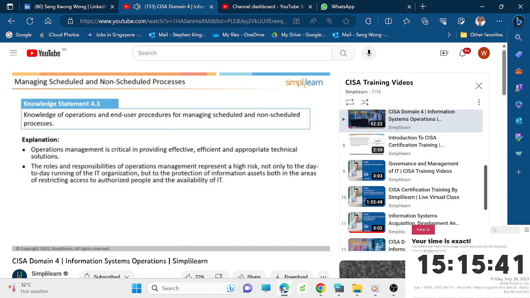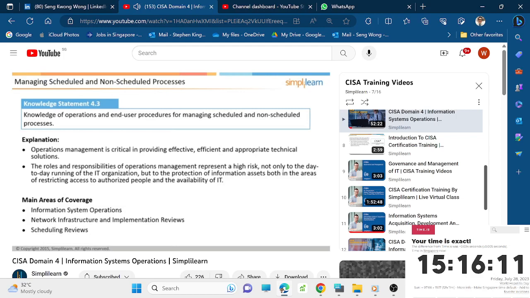The roles and responsibilities of operations management represent a high risk not only to the day-to-day running of the IT organization, but to the protection of information assets, both in the areas of restricting access to authorized people and the availability of IT. The main areas to be covered here are information system operations, network infrastructure, and implementation reviews and scheduling reviews. We shall look at information system operations in the next screen.